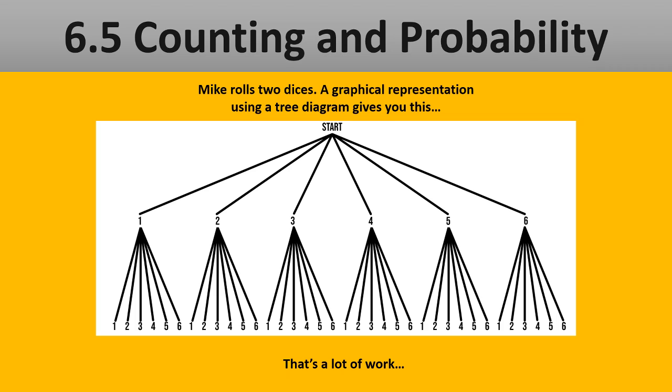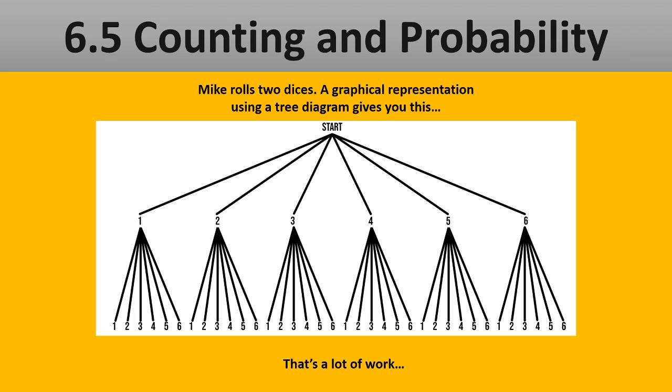Because at the start you can roll a dice and you get 6 different results. You throw either 1, 2, 3, 4, 5, 6. And the second one, you're doing exactly the same. So the calculation is not that difficult. It's just 6 times 6. But if you want to draw a tree diagram for that, that's, as you can see, a lot of work. So please do not do that every time.